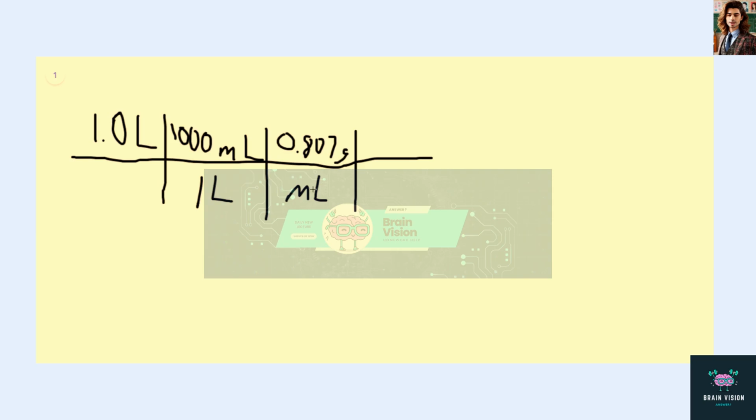Now that we have grams, milliliters have canceled and liters have canceled, we can divide by the molar mass of N2, which is 28.0 grams per mole. Our final answer will be in moles, which is equal to 28.82 moles.